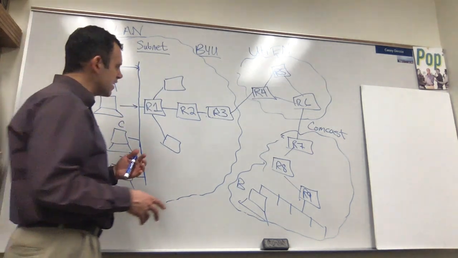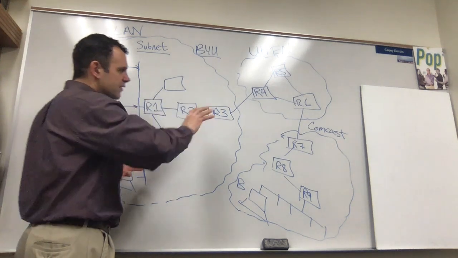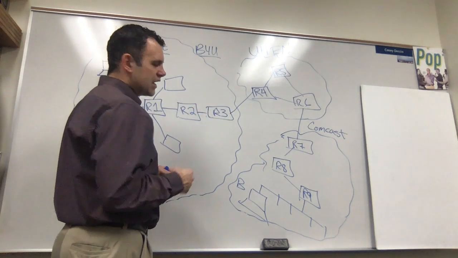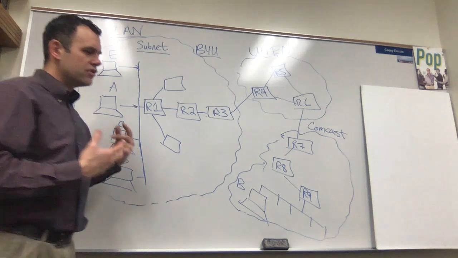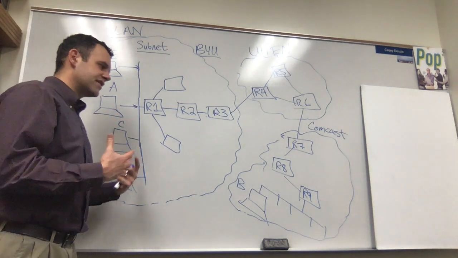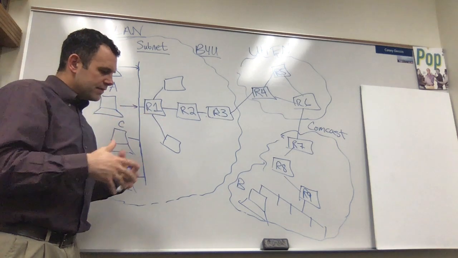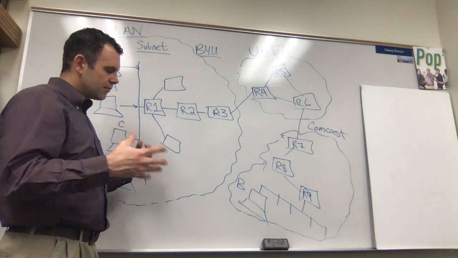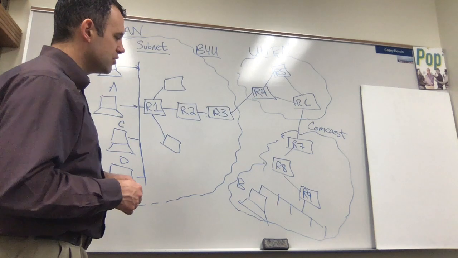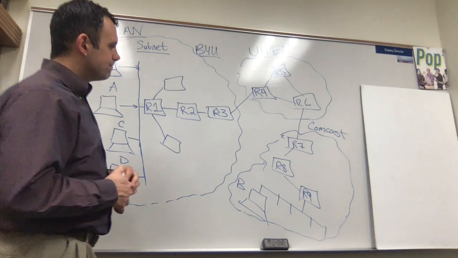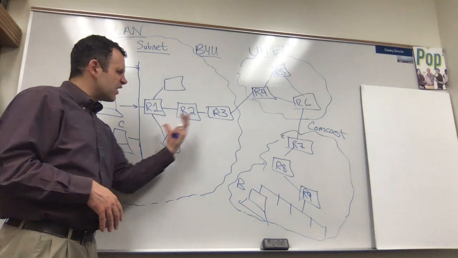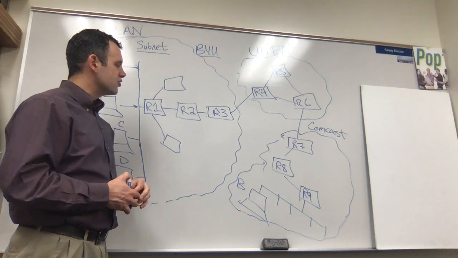Transit networks are really made to pass traffic between other networks. AT&T might be an example of that, where their job is really just to pass, for the most part, packets between other networks and provide what we call transit between them. Okay, but generally speaking, you still have to go through one or more networks to do this.